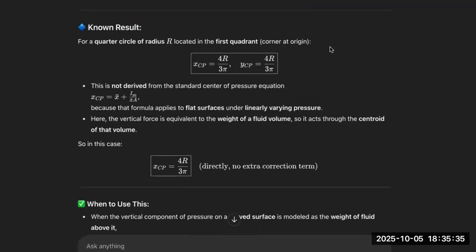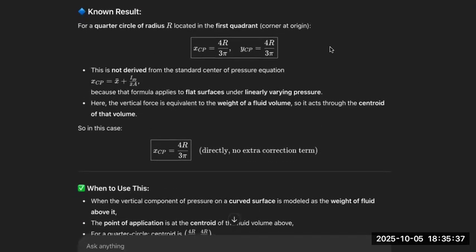I think that for XCP, we cannot use the standard center of pressure equation, XCP equals X bar plus IYY over X bar times A, because that formula applies to flat surfaces under linearly varying pressure. But here, the vertical force is equivalent to the weight of a fluid volume, so it acts simply through the centroid of that volume.